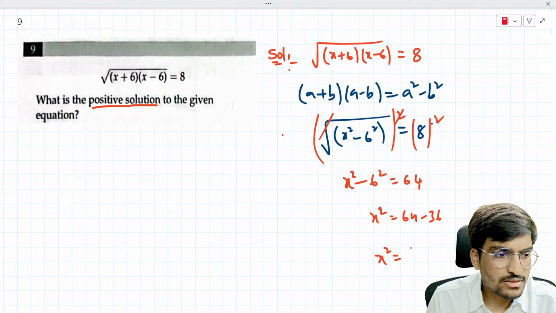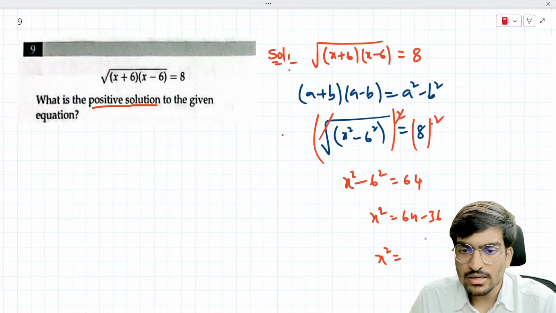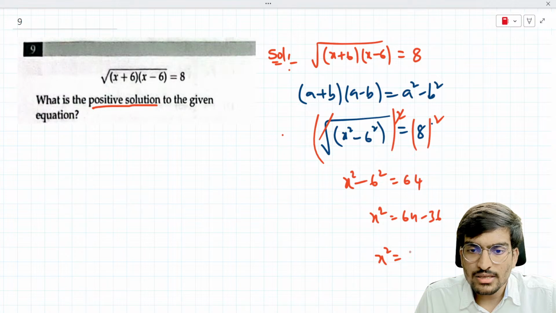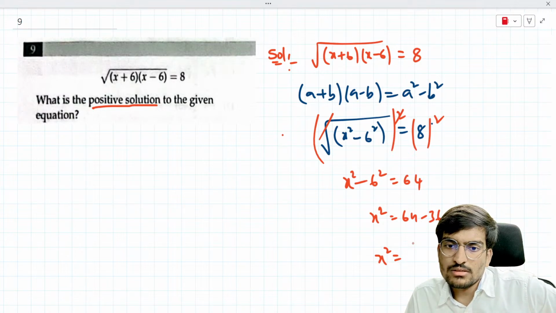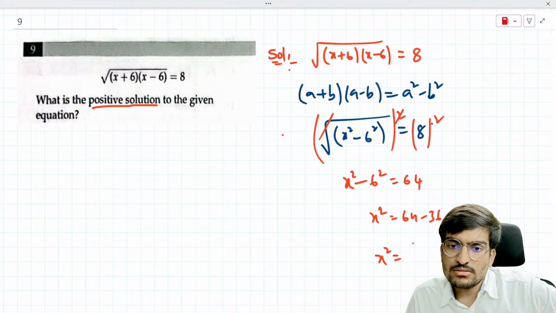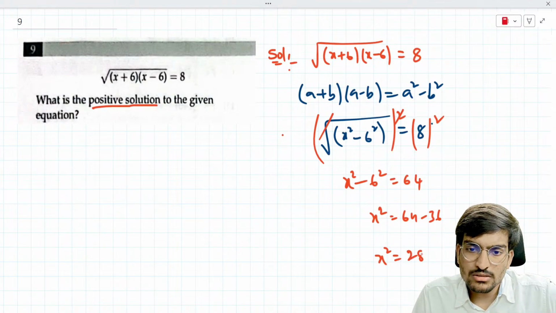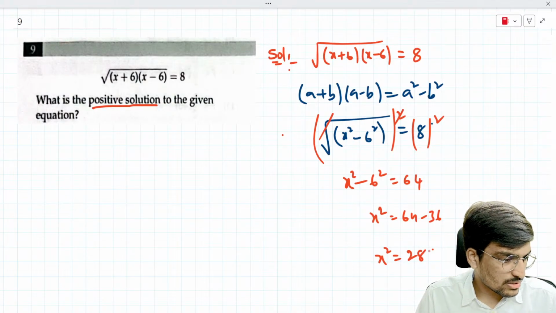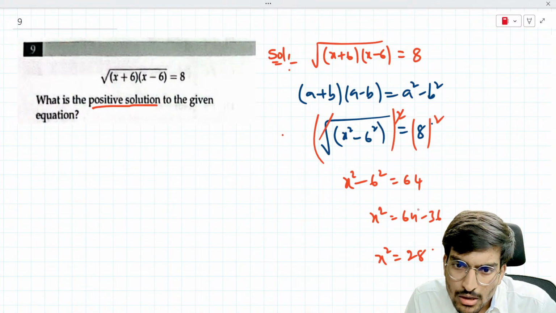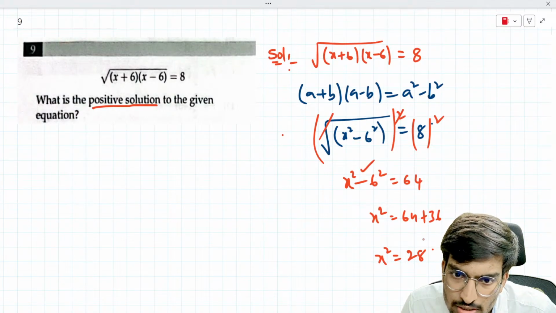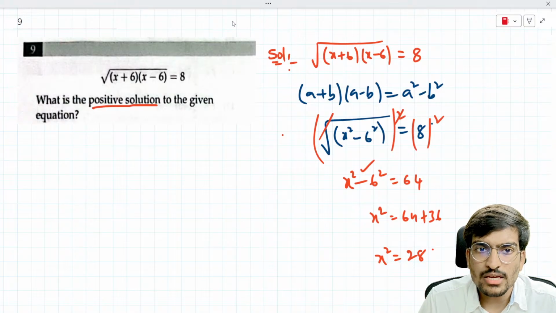X square equals 30 something. So I can see that Thanu said 10. Let me check. It's 28. We're getting something like 28, 36. So if we subtract 36 from 64 we get 28. So something like root 28 we are getting. Oh, here it is positive, right? So that's where I made the mistake.